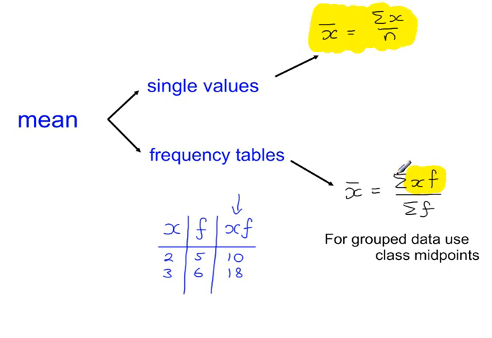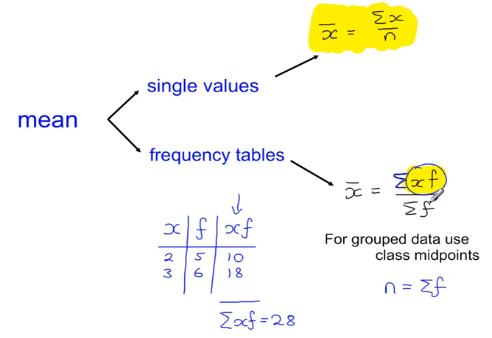And the sigma there is saying work out the sum of all of these values. So if you work out the total of this column, the sum of all of these values, like this, and then divide by the number of data values. n, the number of data values that you have in a frequency table, is the sum of the frequencies.